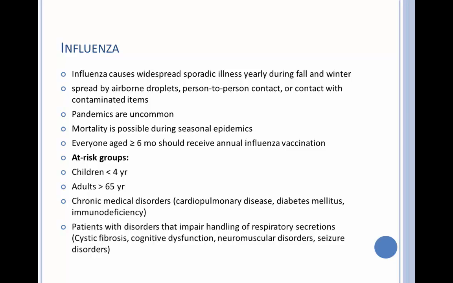The antigen itself is a glycoprotein that allows the virus to bind to the cell and fuse to the host cell membrane. They release a neuraminidase, which is a glycoprotein that promotes viral release from the infected host cell.